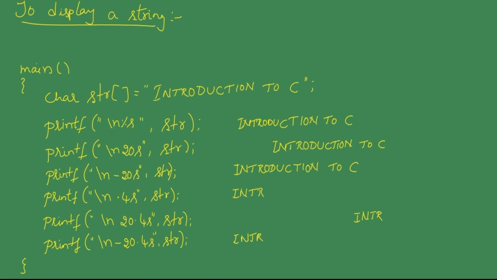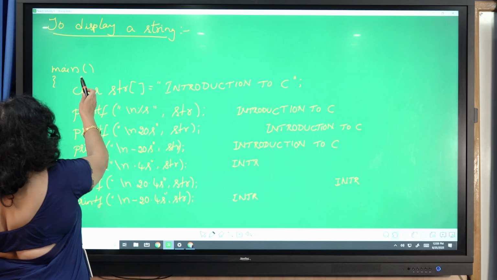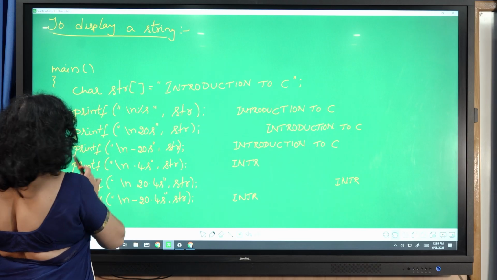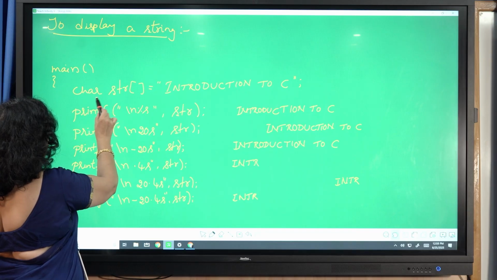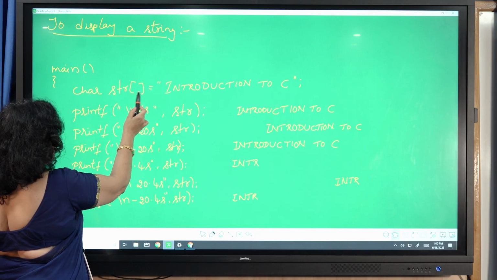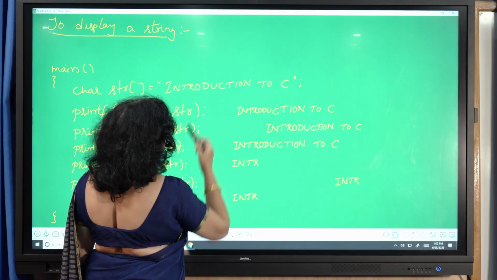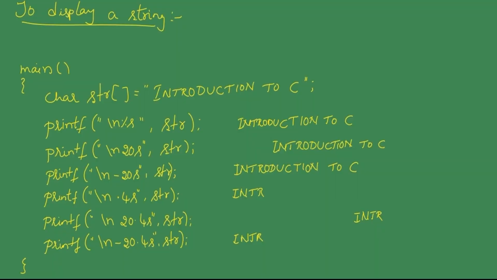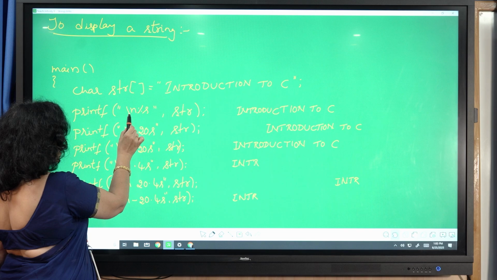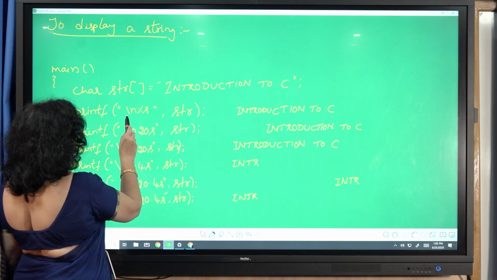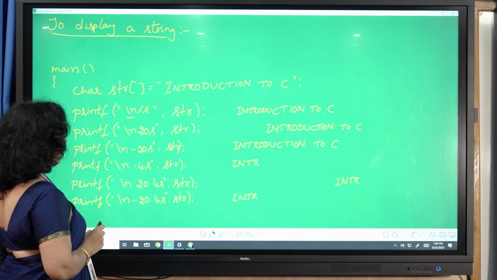Now let's see how to display a string. We have written a small program, main. In main we have declared a character array str, the string, which is initialized to "introduction to C". If I just say printf, this \n is the new line character; it will start the output on a fresh line.